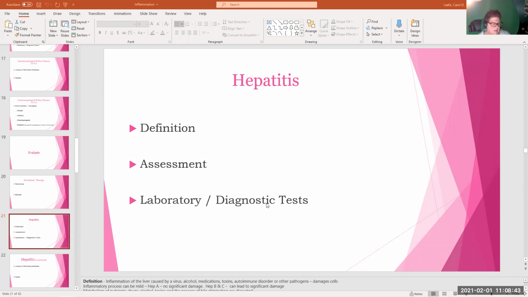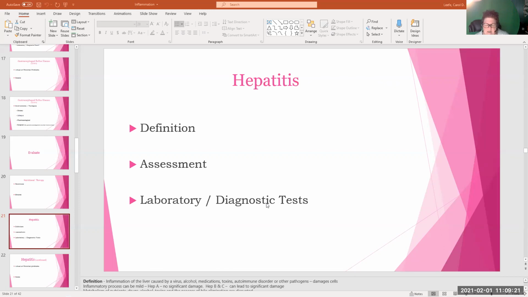GGT, the gamma glutamyl transferase. Okay, serum bilirubin and albumin are important with this. And also looking for the antigens to determine what kind, if it's a viral hepatitis, A, B, C, D, or E. Okay, they can also do a liver biopsy.